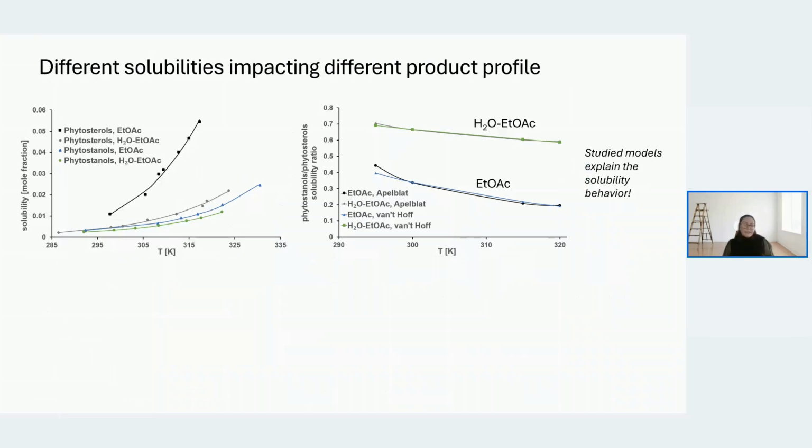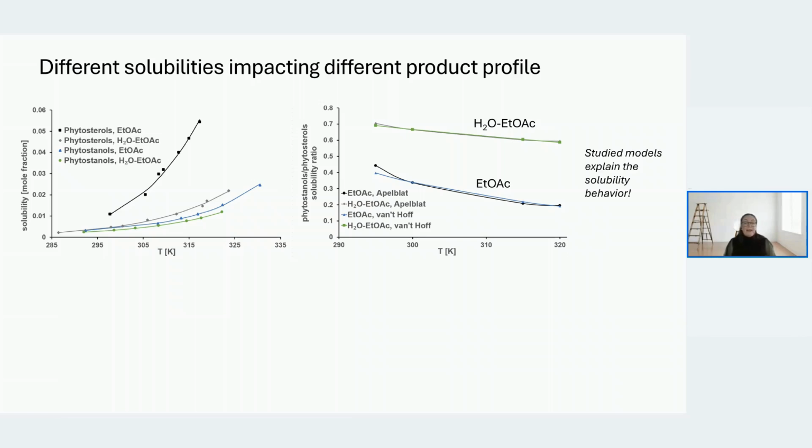And when we investigate this a bit further, on the left-hand side, we can see the solubilities of sterols and stanols in ethyl acetate and ethyl acetate-water systems. On the right-hand side, we can see the comparison of phytostanol solubility to phytosterol solubility.